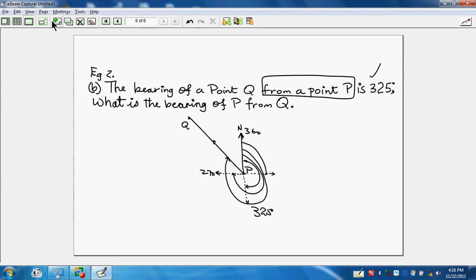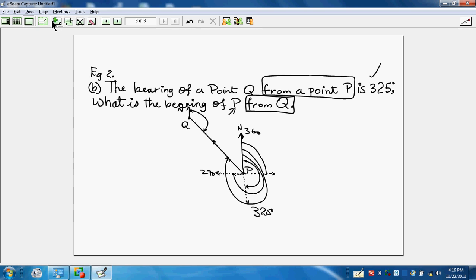Draw our north line. That'll be our north line there. And we have to find what angle we must go through, starting with this north and ticking like the hand of a clock, until we point back towards P. What is the bearing of P from Q? So start from Q now, draw north, and see how that north must move until it points back in the direction of P, which means we must move through this angle here.